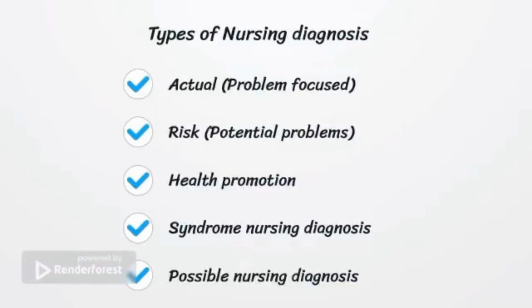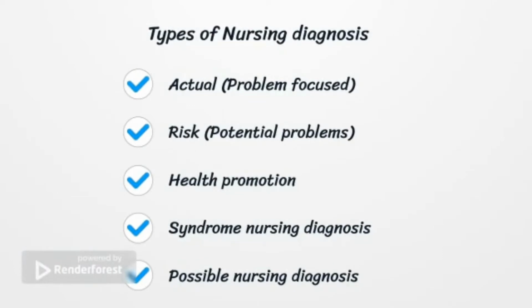We have health promotion nursing diagnosis, and then we have syndrome nursing diagnosis. Another is the possible nursing diagnosis, which makes it 5. But for our criteria, we are going to focus on actual and then risk nursing diagnosis. Sometimes we are going to add the health promotion diagnosis also.